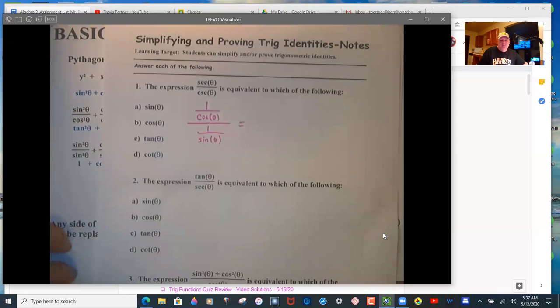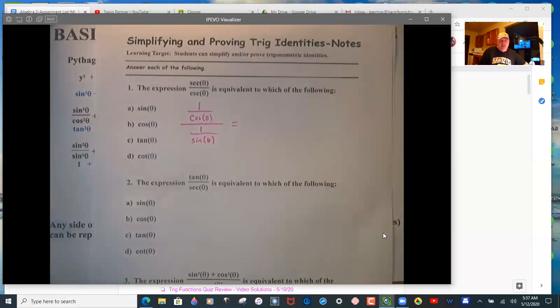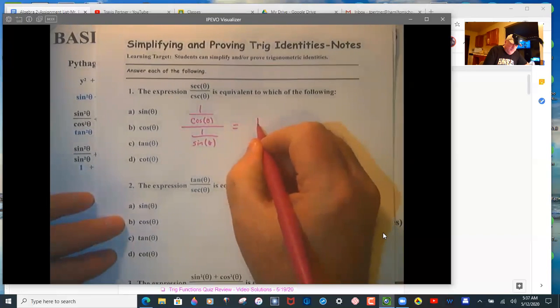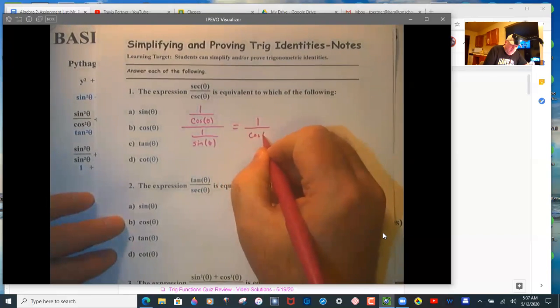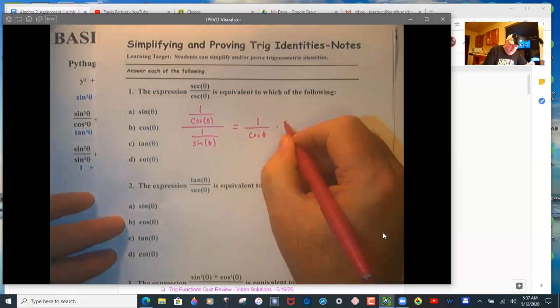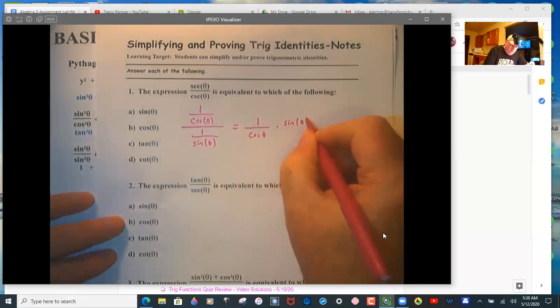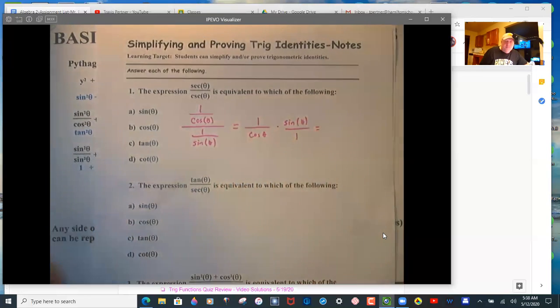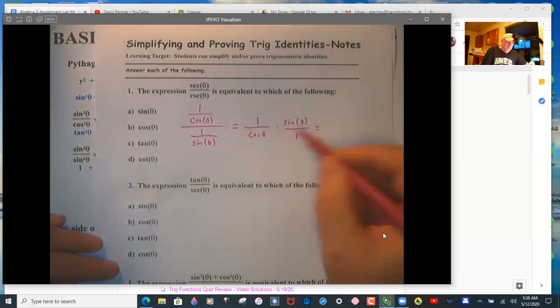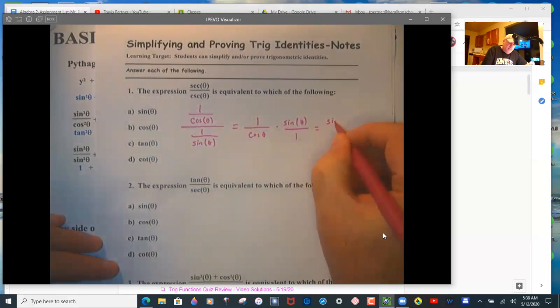Okay, so what are the rules for dividing 2 fractions like that? Well, the rule is to take the bottom one and invert it and multiply. Okay, that's the rule for fractions when you divide fractions. We've dealt with that a little bit in the past. Okay, so this is sine over cosine.